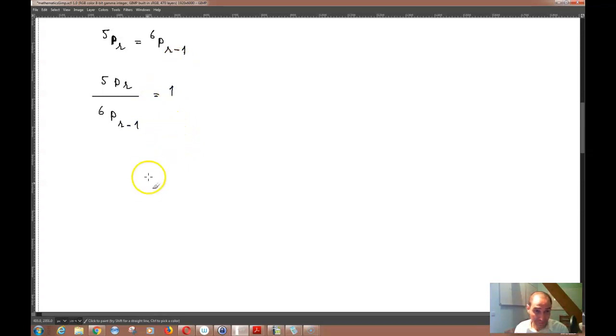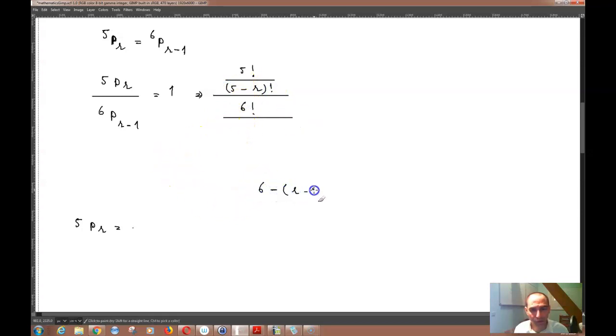And so 5 permutation r is equal to, this is the same thing as basically 5 factorial over 5 minus r factorial, and this is 6 factorial over 6 minus r minus 1 factorial, which is the same thing as 6 minus r plus 1 factorial, which is the same thing as 7 minus r factorial.